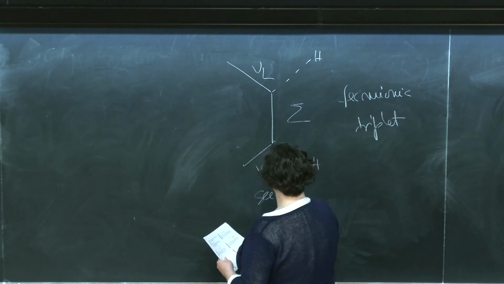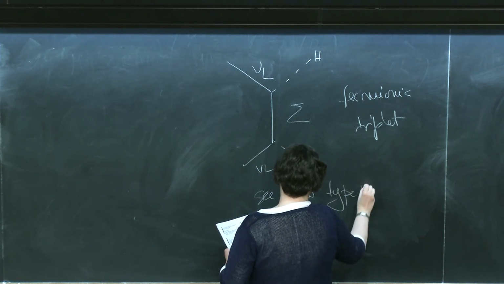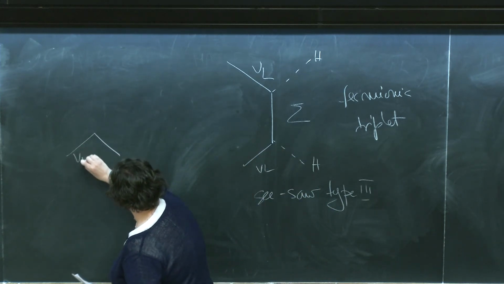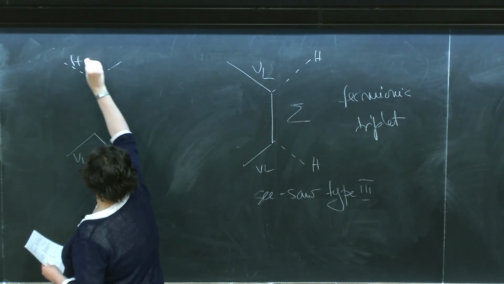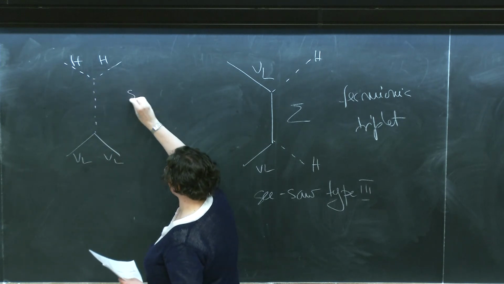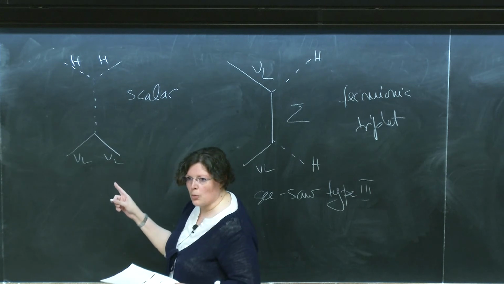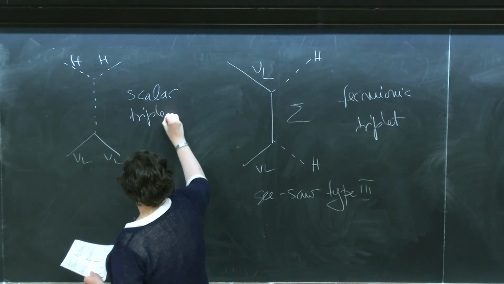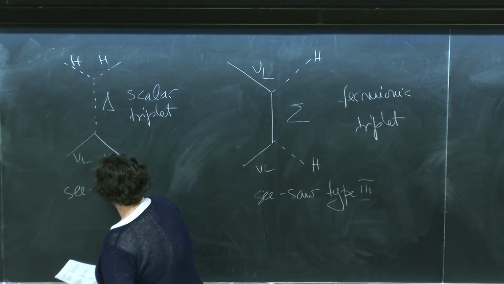But I can also have here nu left, and here Higgs. What I need to exchange in between, first of all, is a scalar. I already said that when I combine these two nu lefts, I get a triplet. So this is a scalar triplet, let me call it delta, and this is the so-called seesaw type 2.